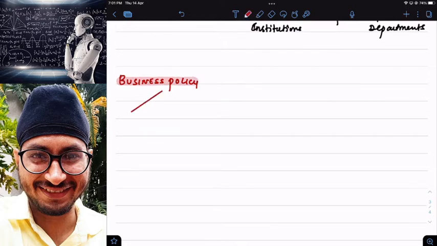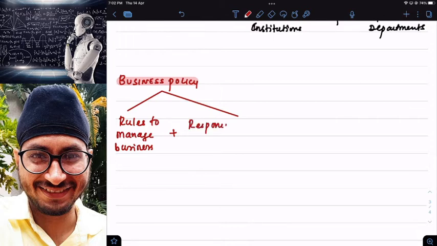Business policy is a combination of 2 things: rules to manage business, plus responsibilities of all levels of management. Clear? I repeat, rules to manage a business plus responsibilities of every level of management is called business policy.